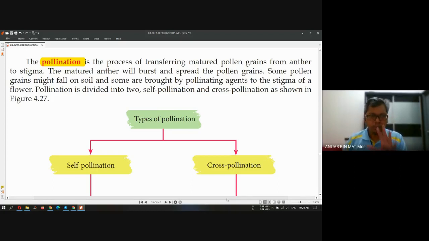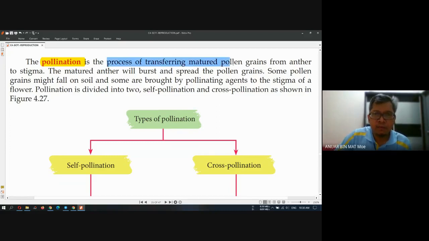But in plant reproduction, before fertilization, there is one process that we call pollination. Pollination before fertilization, all right? So, what is pollination?